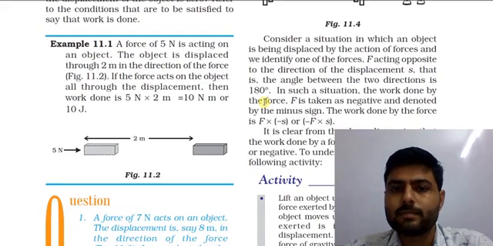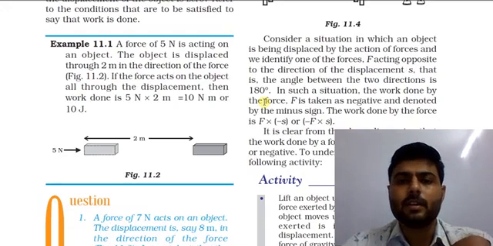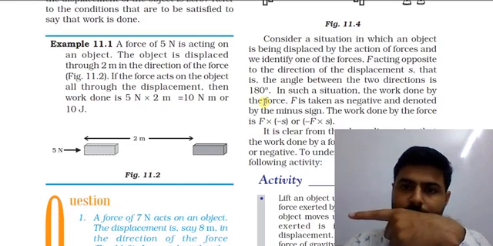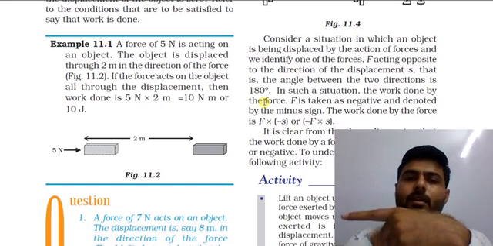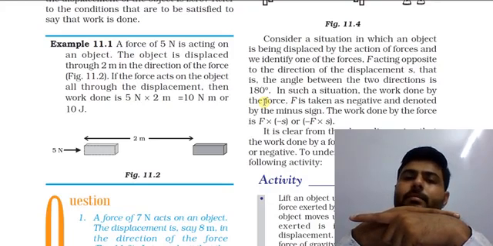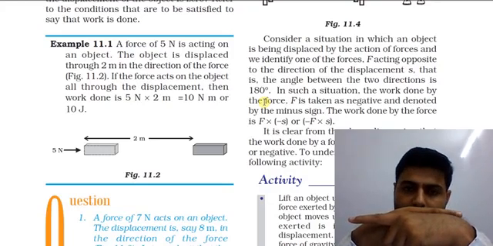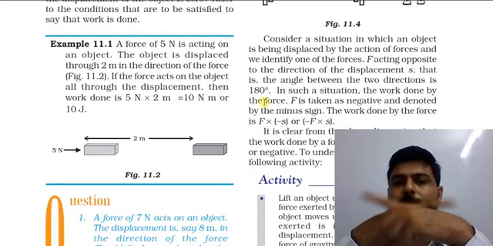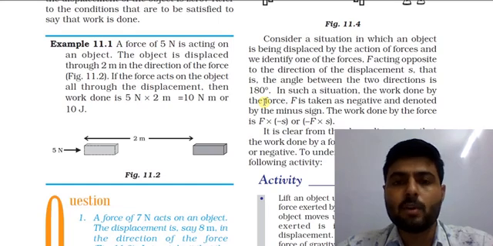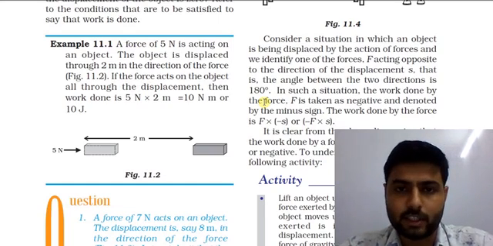Opposite to that, if the direction of force is, say, right side and the displacement of the object is, say, left side, which means here the angle between force and displacement is 180, or they both are in opposite directions.